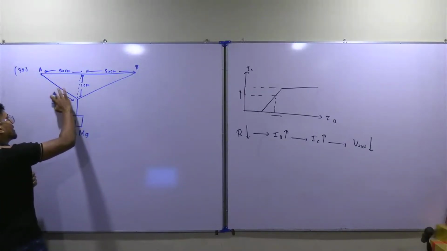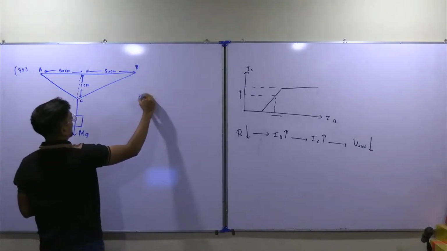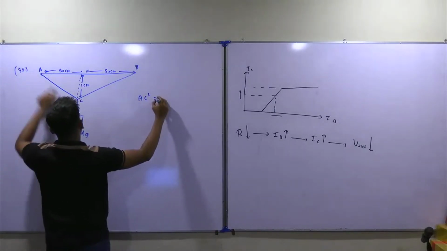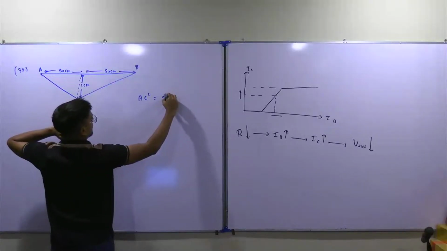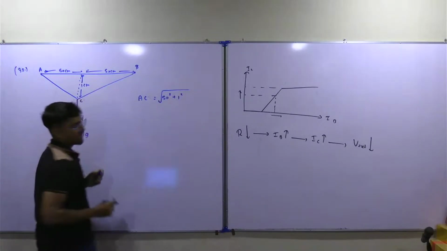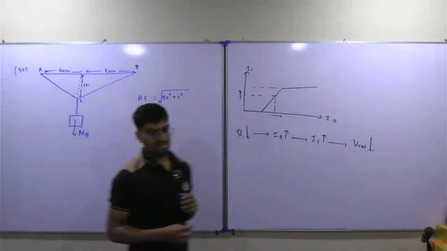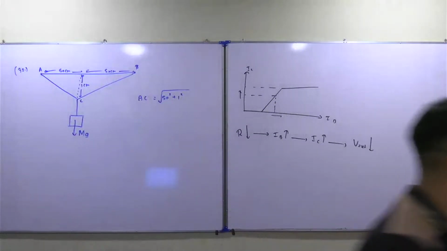Let's say this point is point C. Applying Pythagoras theorem, AC squared is equal to 50 squared plus 1 squared. So AC is the square root of 50 squared plus 1. What is the answer? You can simplify this.